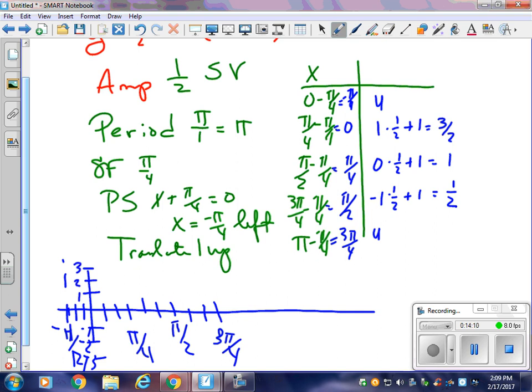So 0 is 3 halves, puts us here at the y-axis between 1 and 2. Pi over 4 is 1, and a half is a half, and a vertical asymptote over here, 3 pi over 4. So this problem is just really, really stretched out big in the middle.